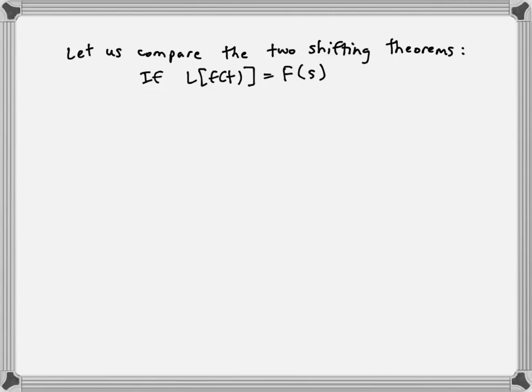This means that f of t gets mapped by L to capital F of s. This is what we're assuming.